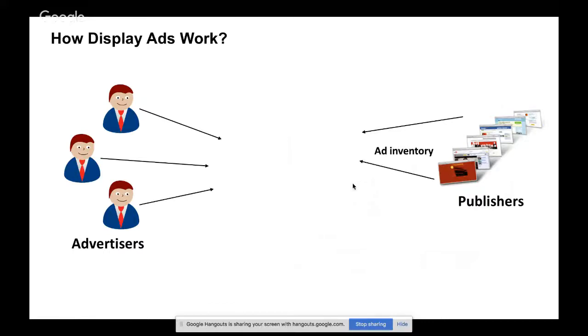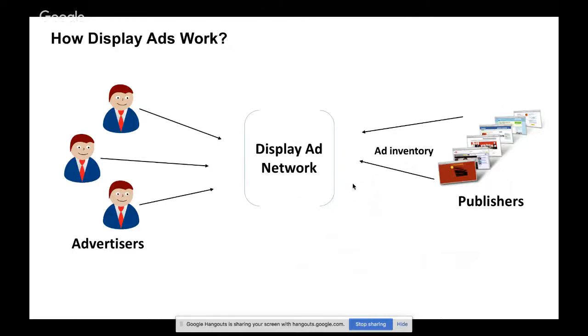So let's get back to the display network. Like I said, we have two sides. On one side, we have the publishers who have the ad inventory, and on the other side, we have the advertisers who are in need of ad space to reach their customers. So there comes a third party, which is the display ad network.